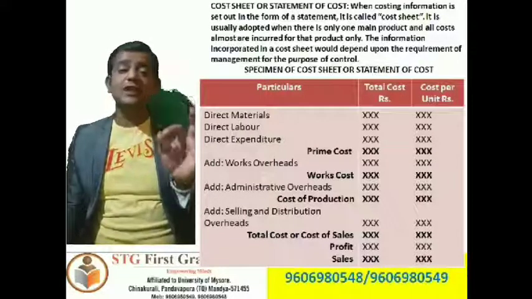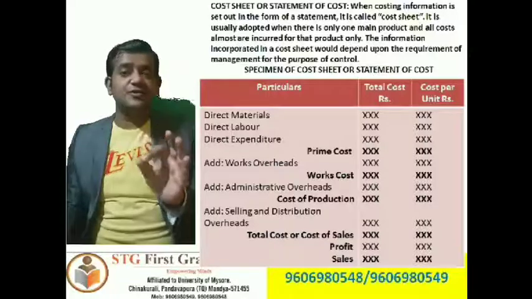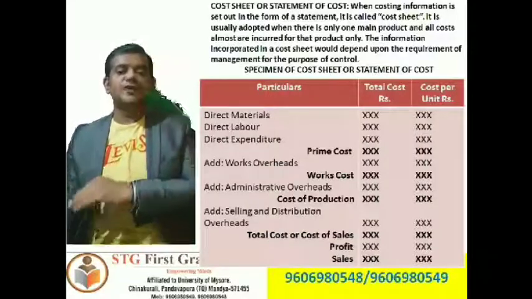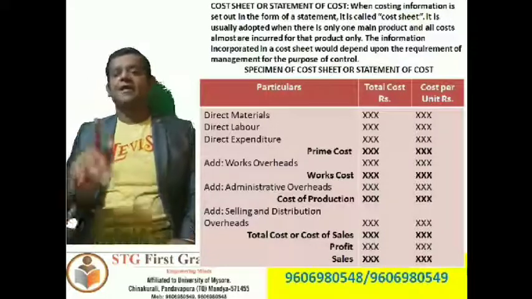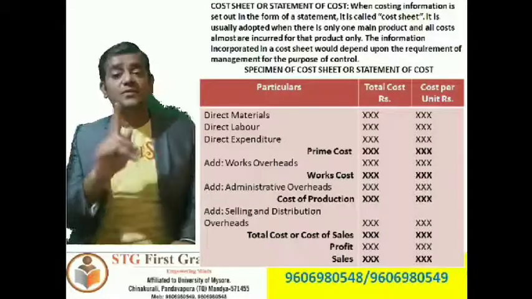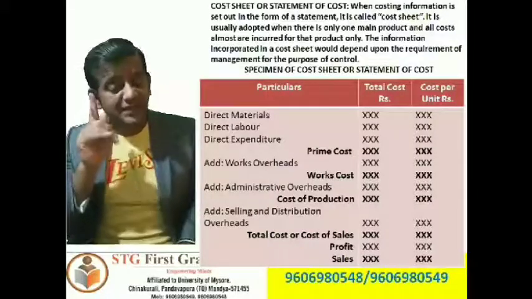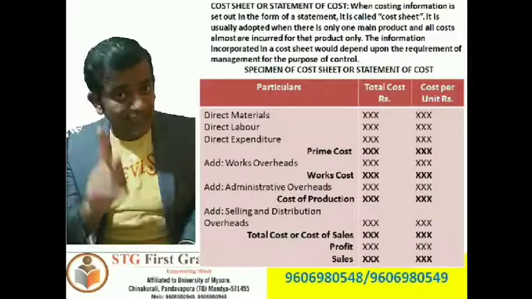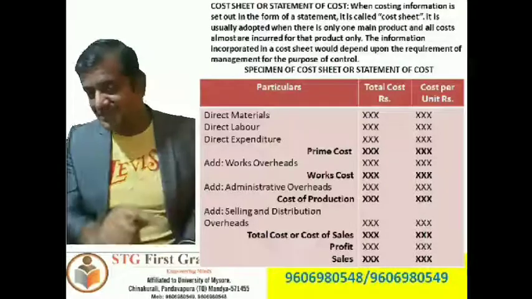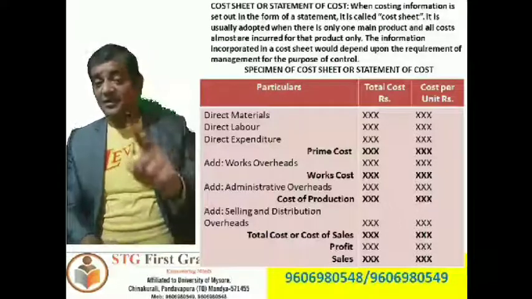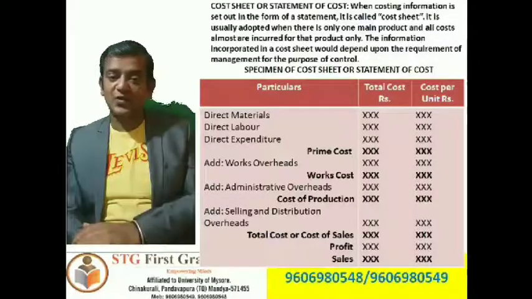It is usually adopted when there is only one main product and almost all costs are incurred for that particular product only. So there must be one product, and all the expenditure is incurred to produce that product only.